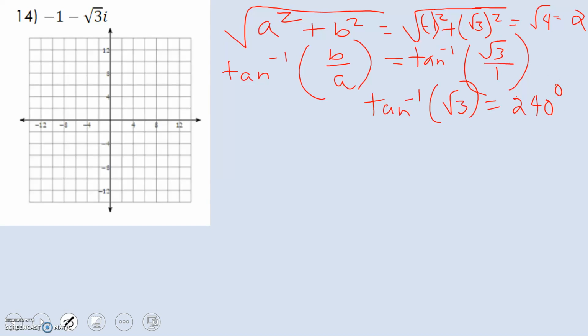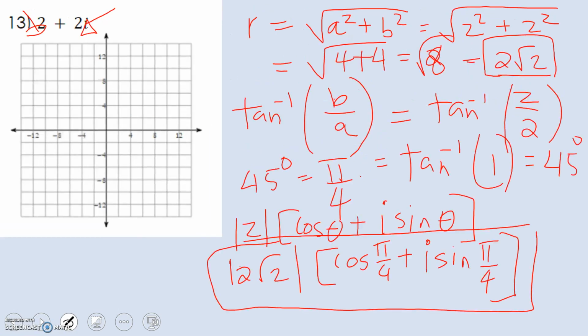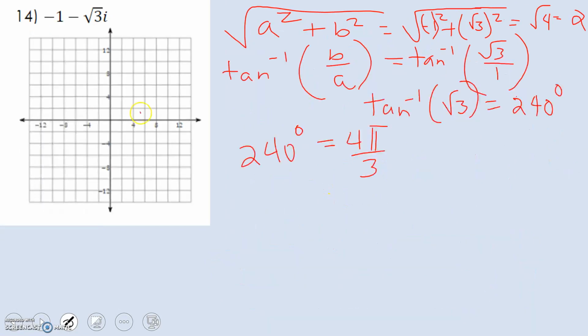And 240 degrees, we need to write that in radians. So 240 degrees also equals 4 pi over 3. If you're confused how I'm getting 4 pi over 3 or how I got pi over 4 earlier, I'm getting those values because I'm using the unit circle. I have it memorized. So anyway, moving on.